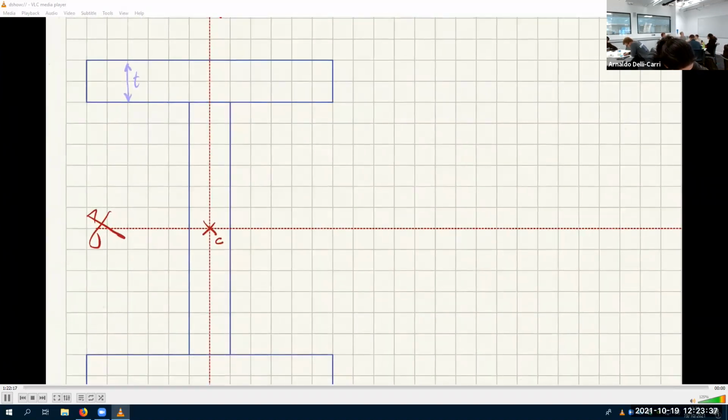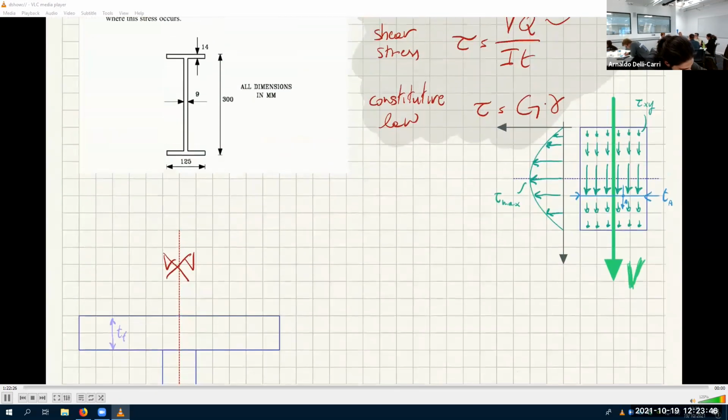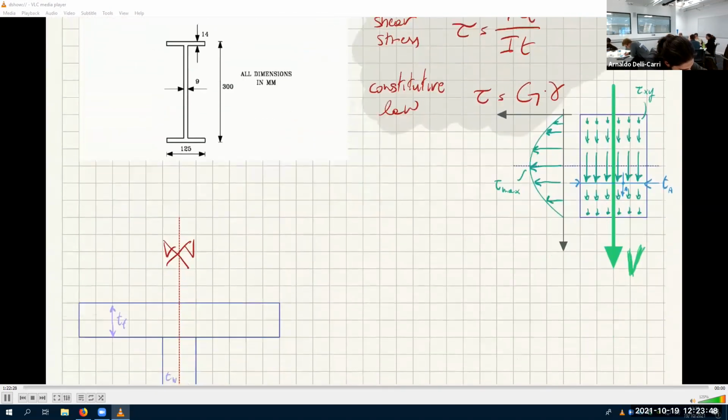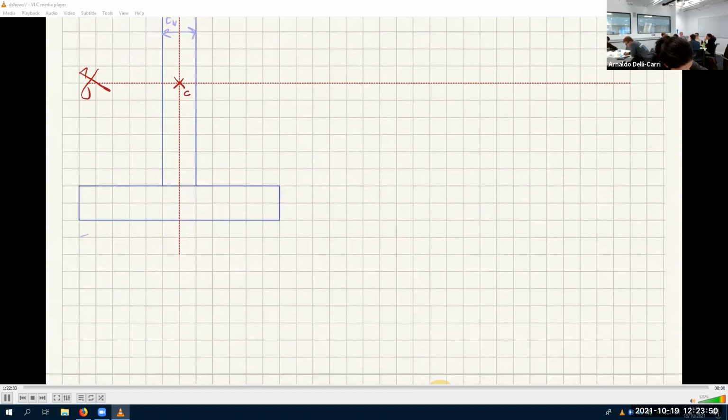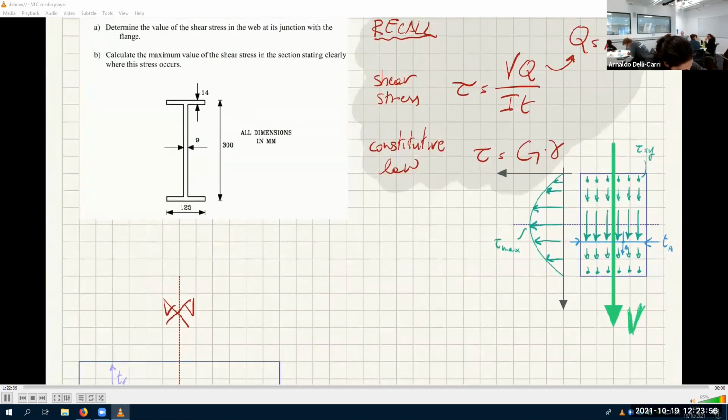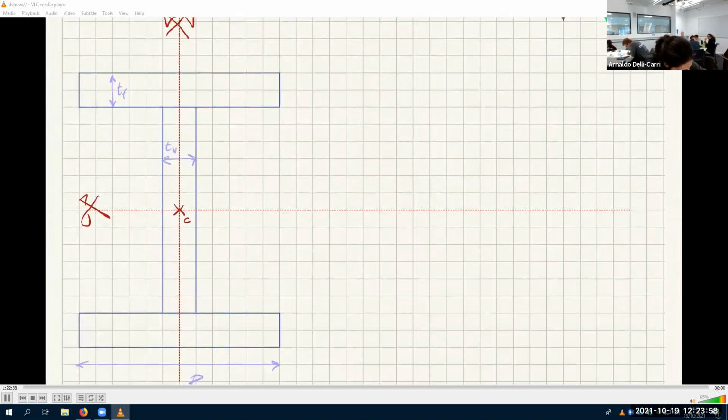Let's call this T of the flange and T of the web. And then we have 125. I'll call this capital B, and I'll call this entire thing capital H.